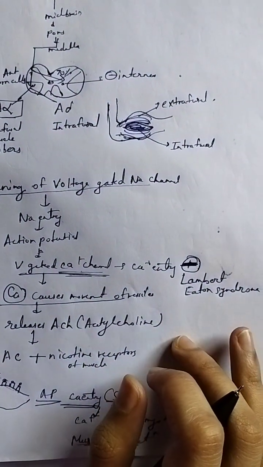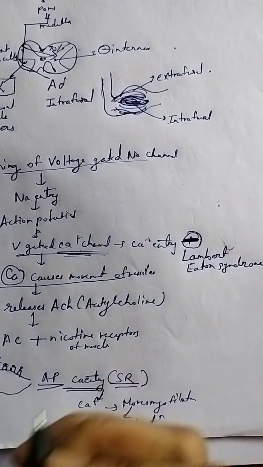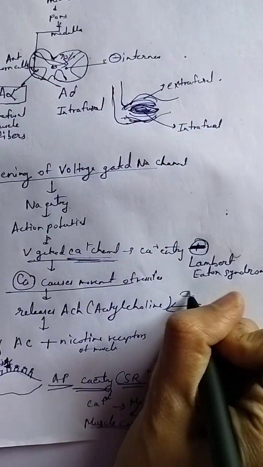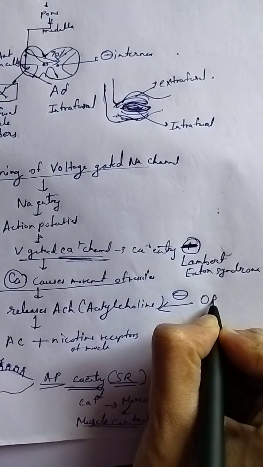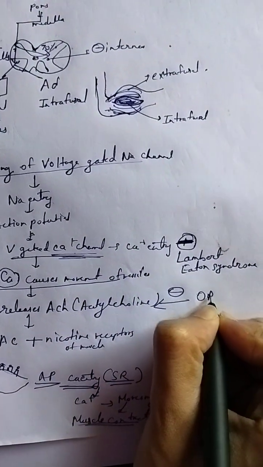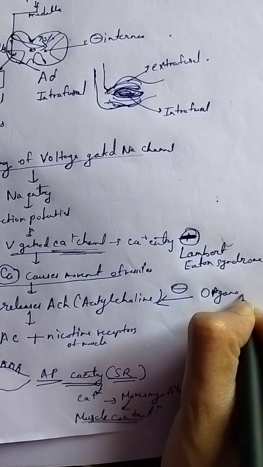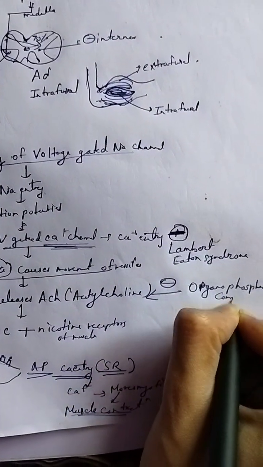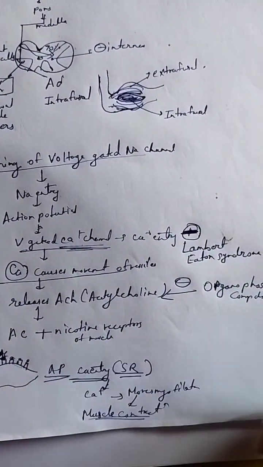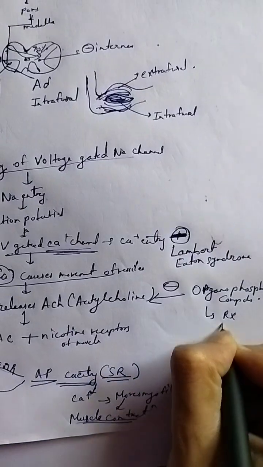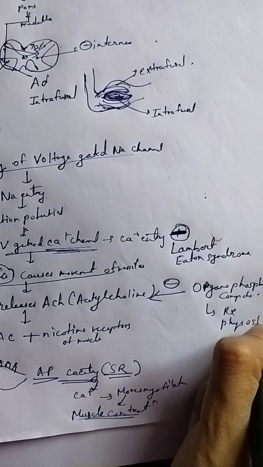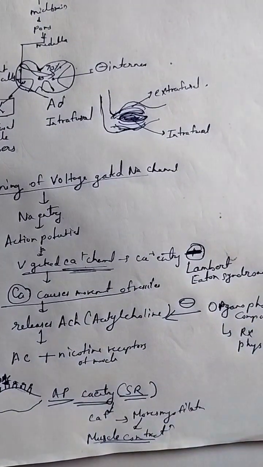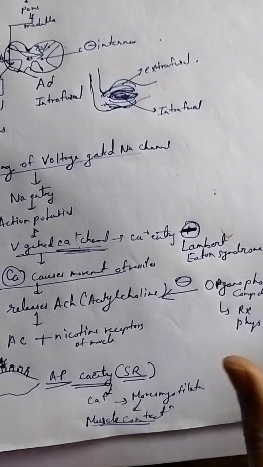If there is inhibition of acetylcholinesterase, it is caused by OP compounds, organophosphorus compounds. For this we have to give treatment like physostigmine and neostigmine, which block the acetylcholinesterase. Myasthenia gravis can occur.